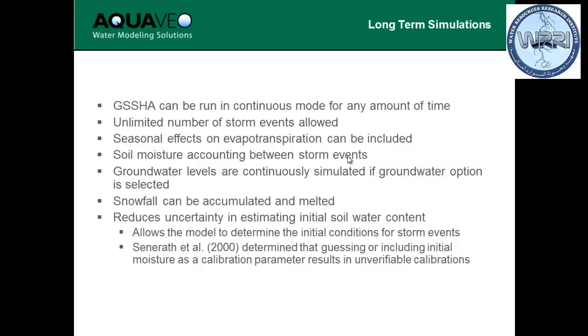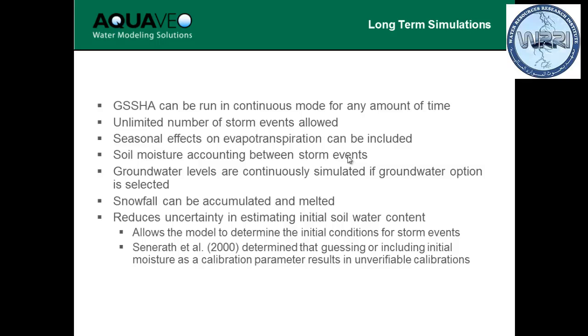When you define long-term simulations in GSSHA, GSSHA can be run for any amount of time, so you can run it for as long as you want. The longer you run, the longer it's going to take to run your simulation. Any number of storm events can be run. GSSHA runs evapotranspiration and soil moisture accounting.